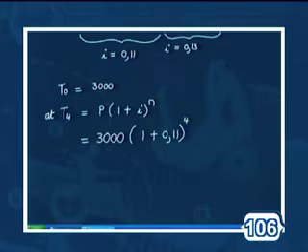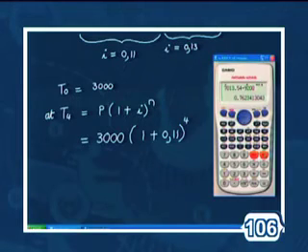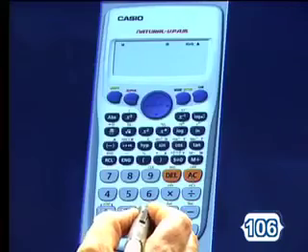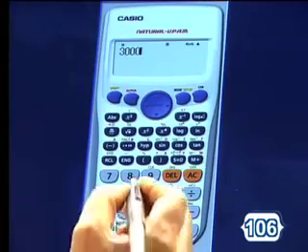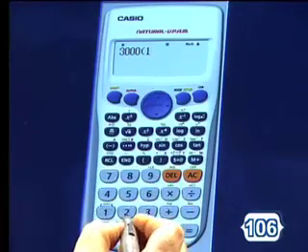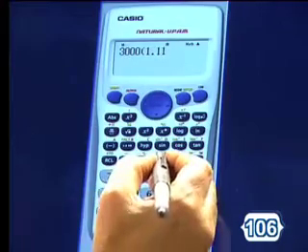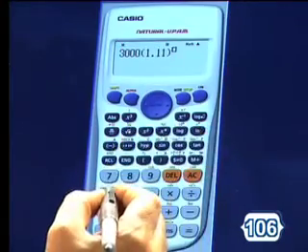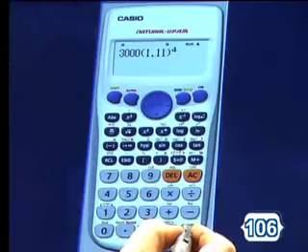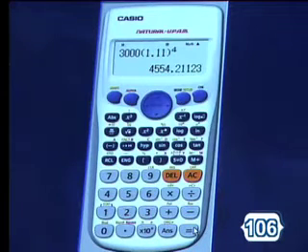And we are going to pop that into the calculator to give us a value of what we have after 4 years of investment. So it's 3,000 times 1.11 to the exponent of 4. Right, 4554.21.